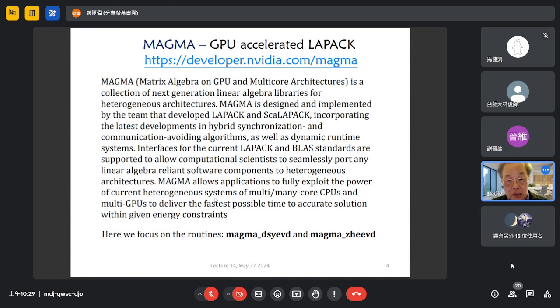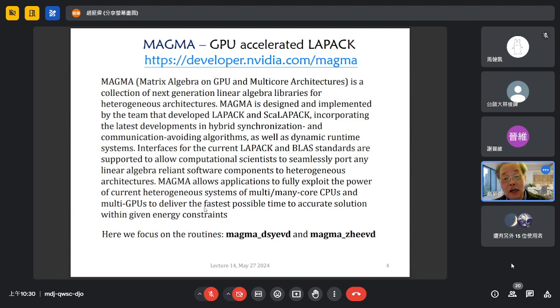I don't know to what extent the optimization is done, because that is the underlying design of MAGMA. They keep updating the version to get better performance.